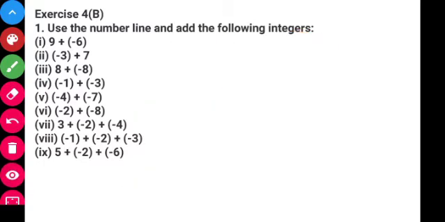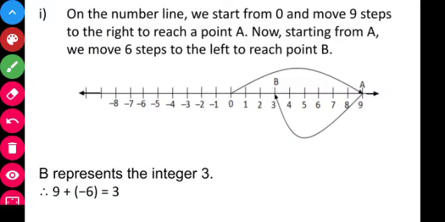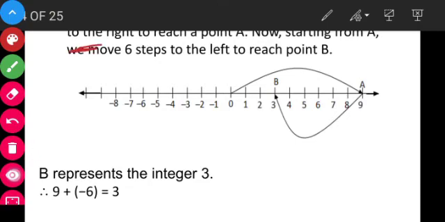The question is given: 9 plus minus 6. That means you add minus 6 to 9. First you start from 9, and you are adding a negative number.